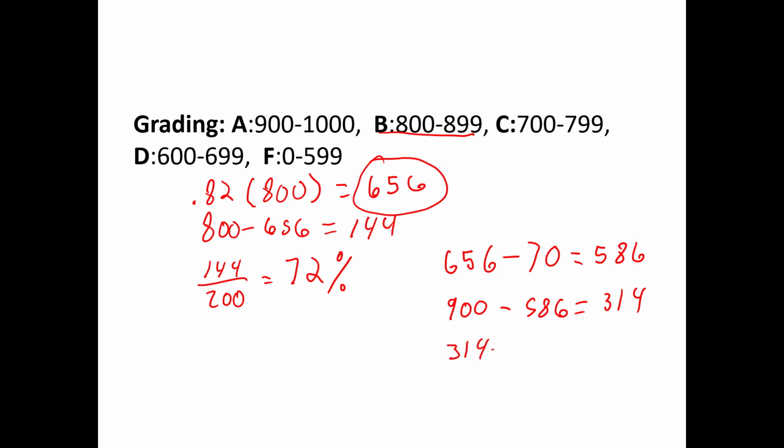So 314 minus 50 brings you down to only needing 264. And there are, again, 300 points possible on your test. So the 264 divided by the 300, because your final will now be worth 300 points, is 88%.